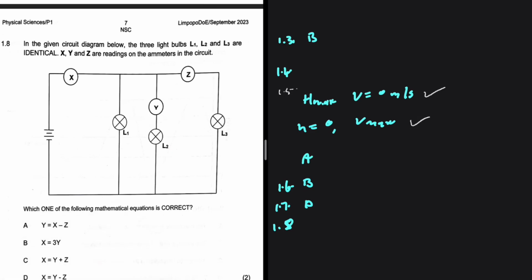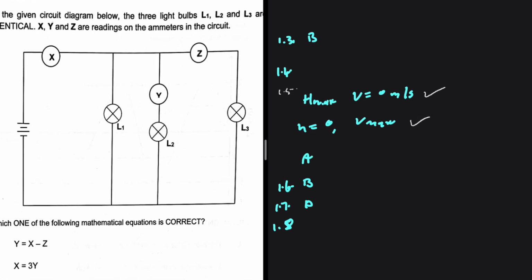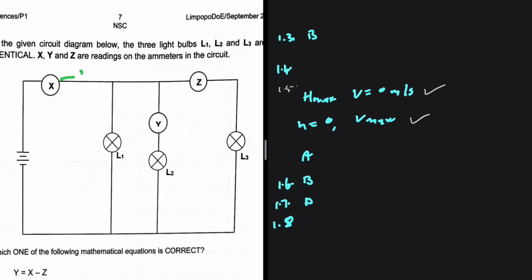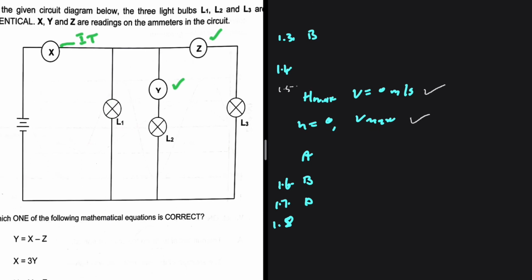What I'm realizing very quickly is that at X, we have the total current, so this is IT. Our three bulbs are identical, so the current is divided proportionally. The reading on Y is equal to the reading on Z. We don't have a reading on L1, but I don't think that will hinder us from reaching a conclusion.